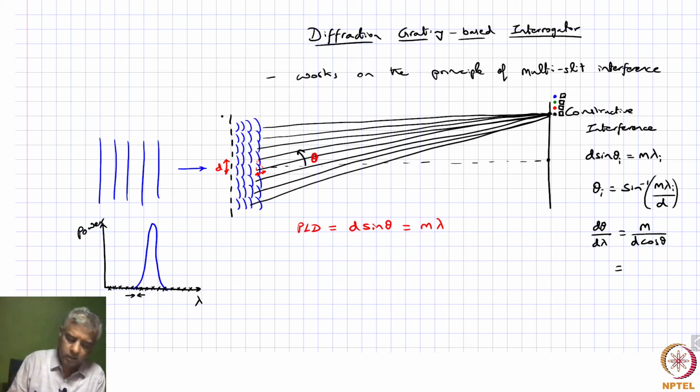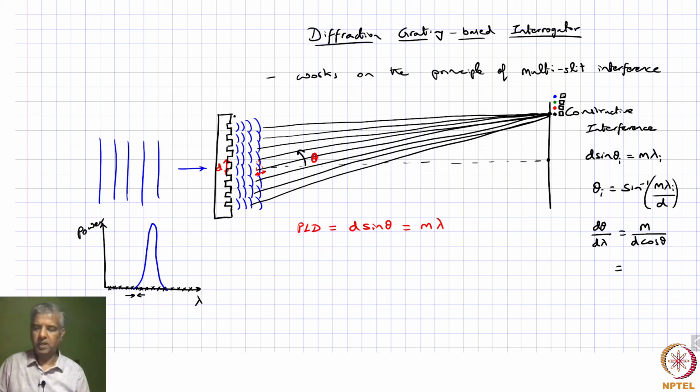So this transmission grating will be something like this, with, corresponding to these slits, all these surface relief structures. So the gratings are typically defined in terms of number of lines per millimeter.